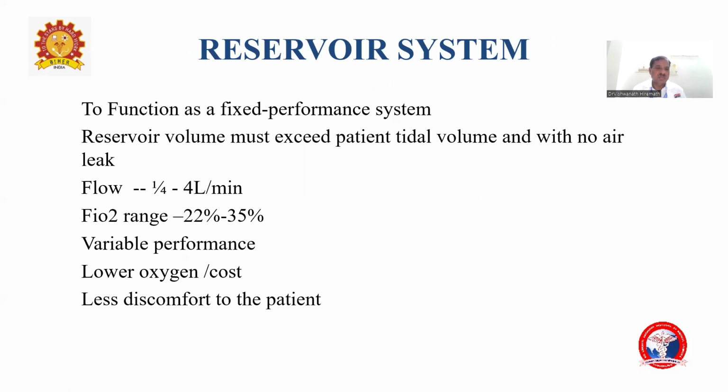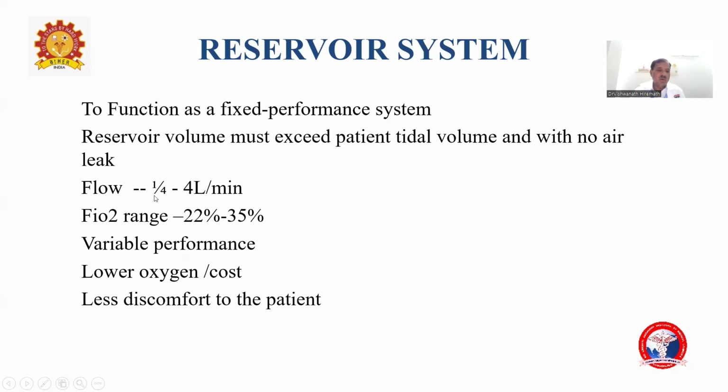A reservoir system can function as a fixed performance system. To make it a fixed performance system, the reservoir volume must exceed the patient's tidal volume with no air leak.